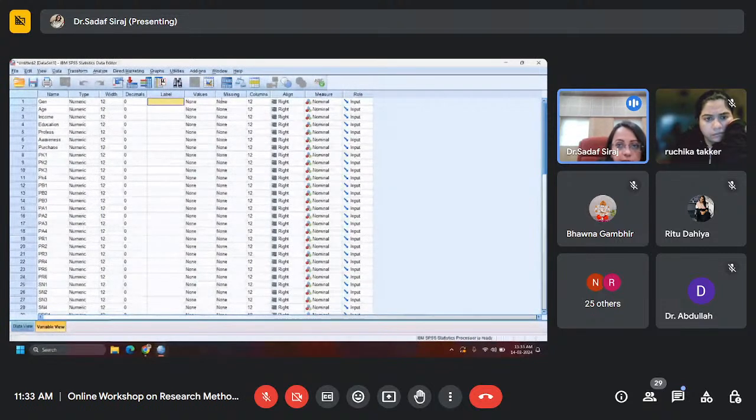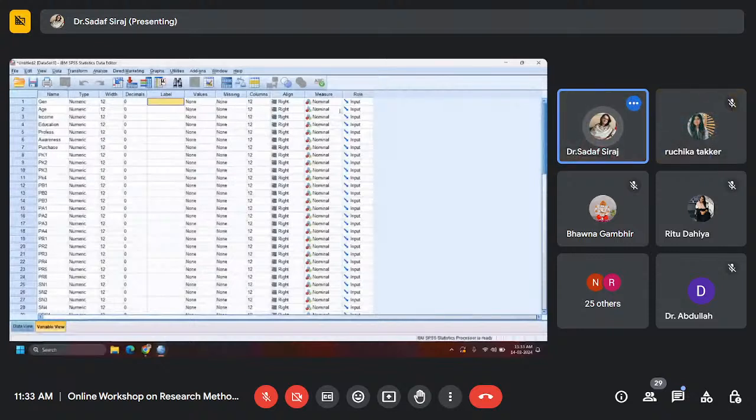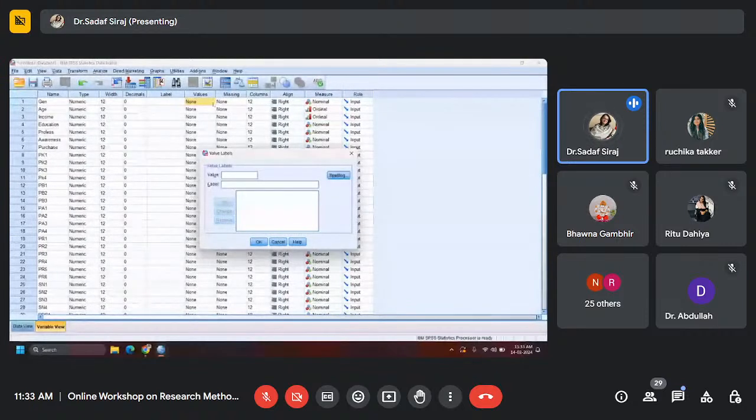Right? So you have to do it manually now. Gender, but I said that it was ordinal or it was nominal. Profession is nominal. Awareness level maybe it was, what kind of scale was there? I need to check. The values are not there. So you need to put the values also. Right? You need to put the values from the questionnaire.